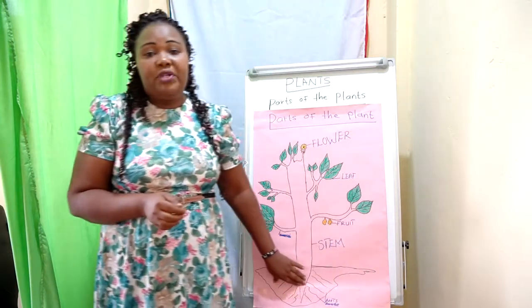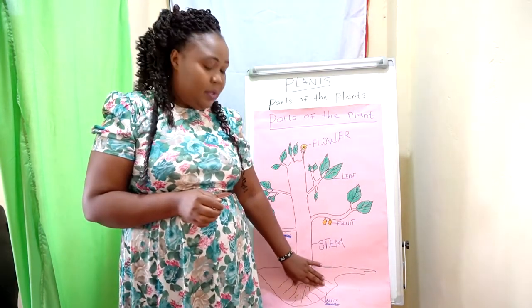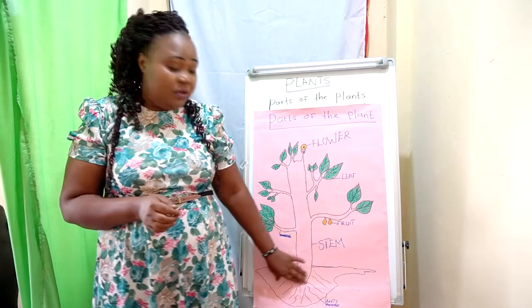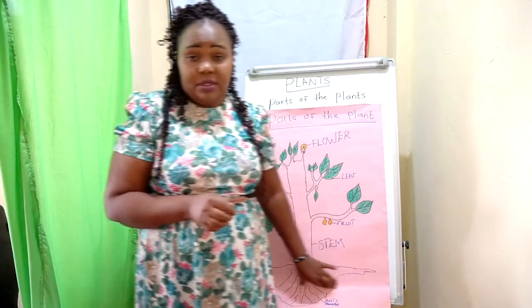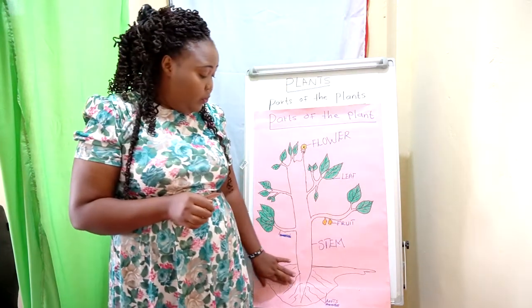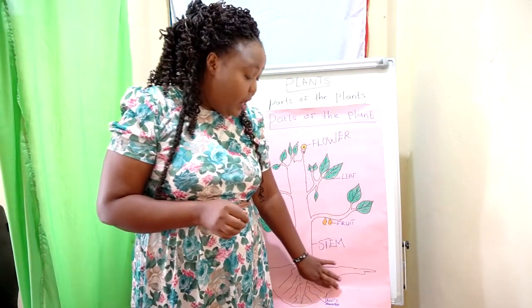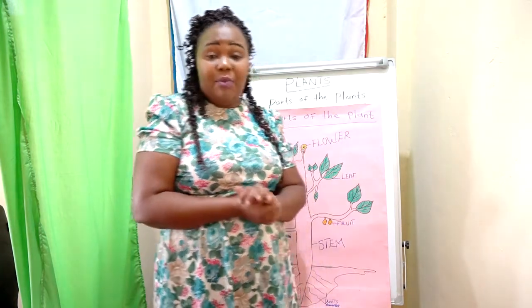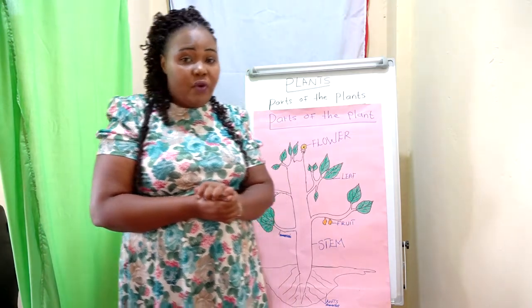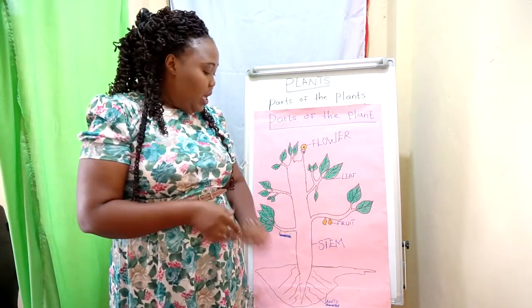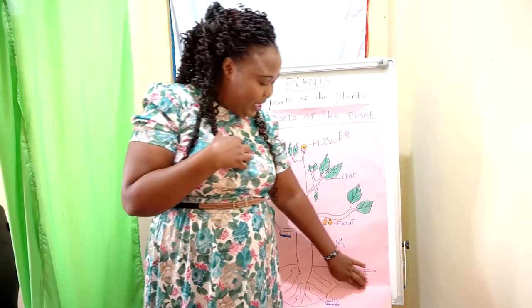The roots of potato plants, the roots of sweet potato plants, the roots of carrots, and even the roots of yams. Those are some of the plants whose roots we eat as food. We cook them and eat them. You don't eat any root that you come across.